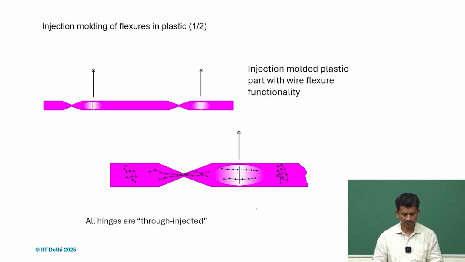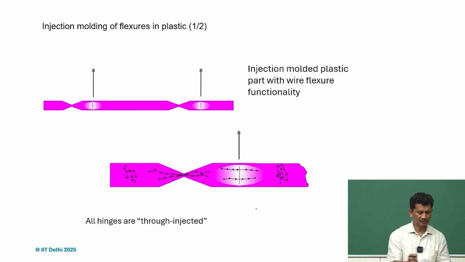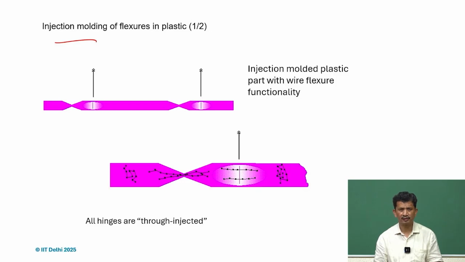Another way to achieve these kinds of things is injection molding, and plastics. These days, it can be very easily injection molded, and we can create parts. And these kinds of designs we see in most commercial products, shampoo bottles or any kind of bottles where a hinge is required, that can be achieved.